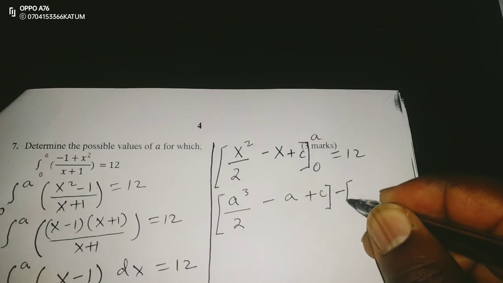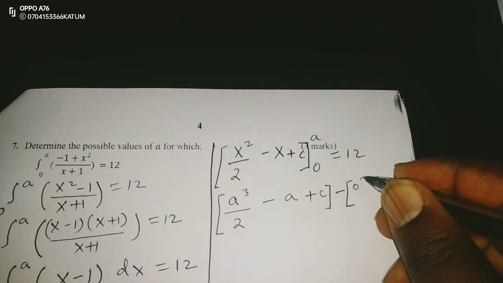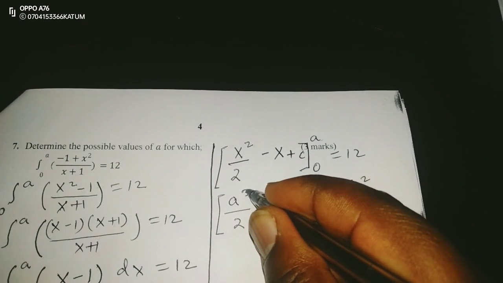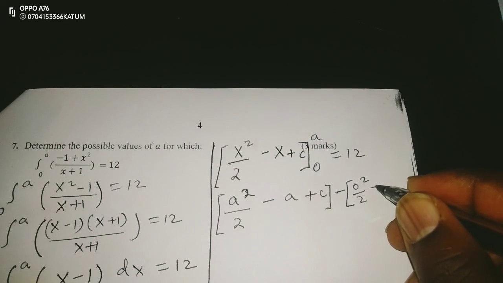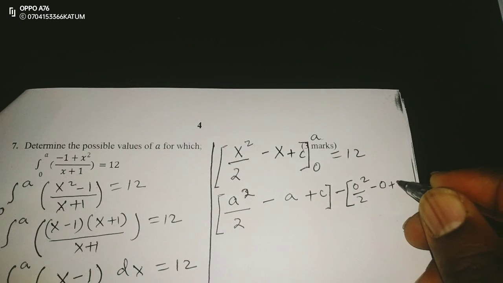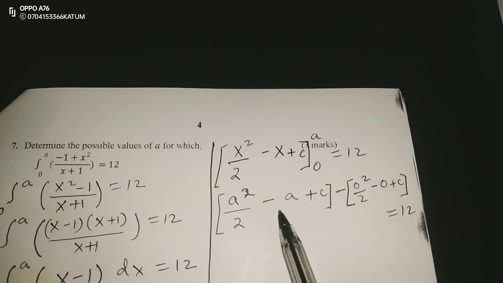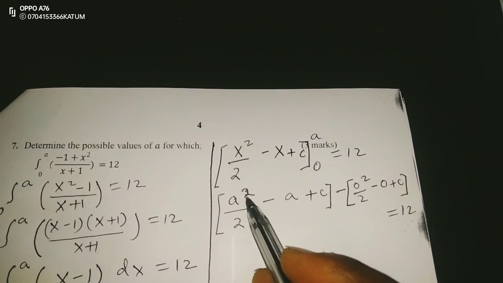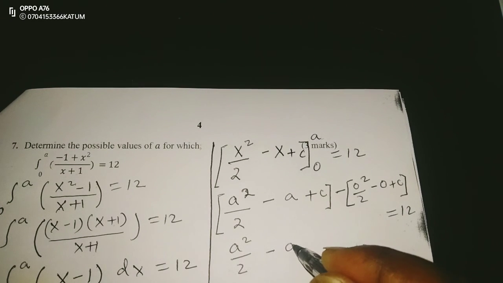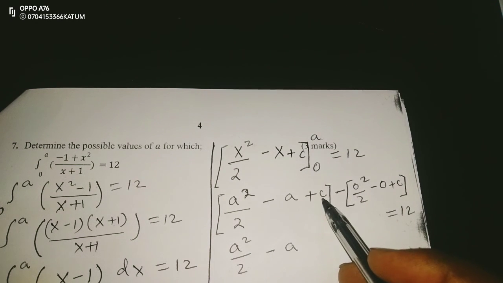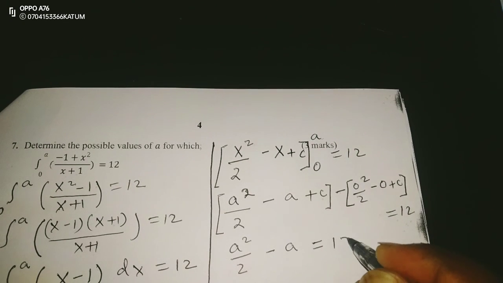When we subtract 0 squared out of 2 minus 0 plus c, we're supposed to get 12. Therefore, this is a squared out of 2 minus a. This is plus c minus c, and c will cancel, and we will have 12.